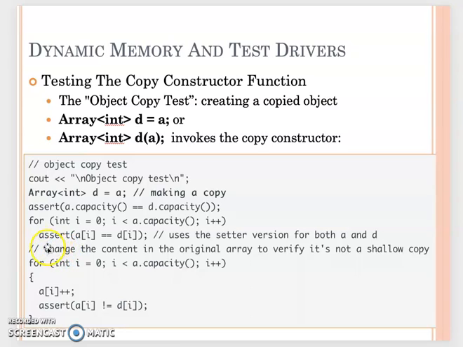So the second part, after you check they are all the same, is a second for loop. In this second for loop, you need to change the content of either the original array or the copy constructor array. Either way, you need to change one of them to verify it's not a shallow copy.